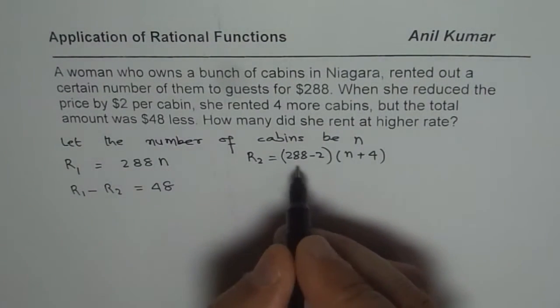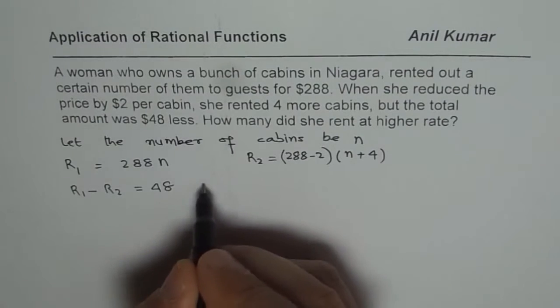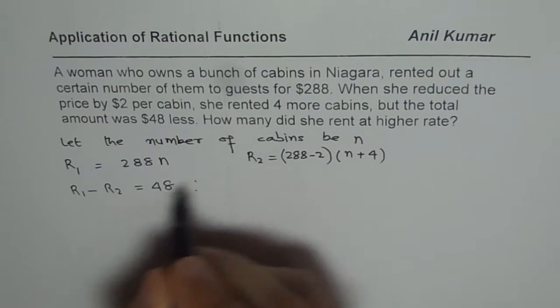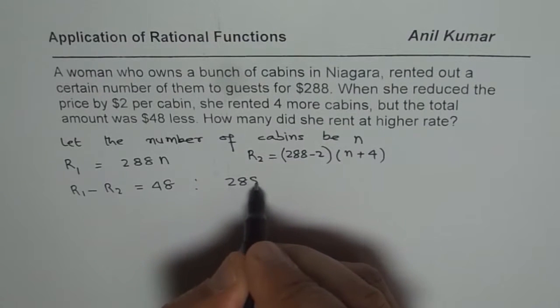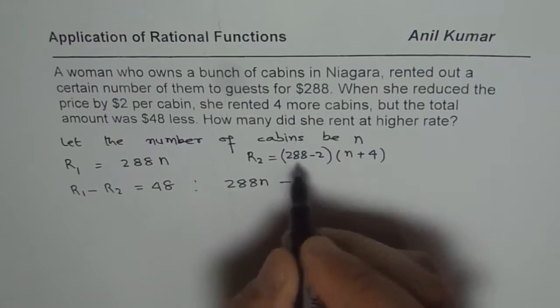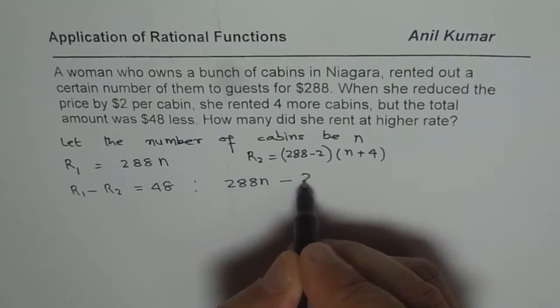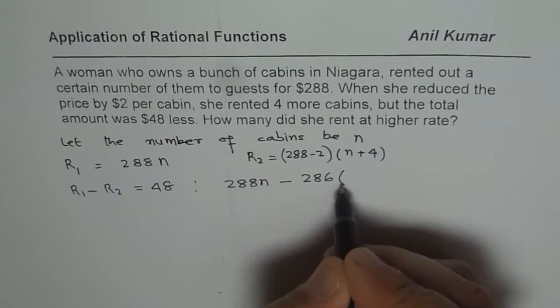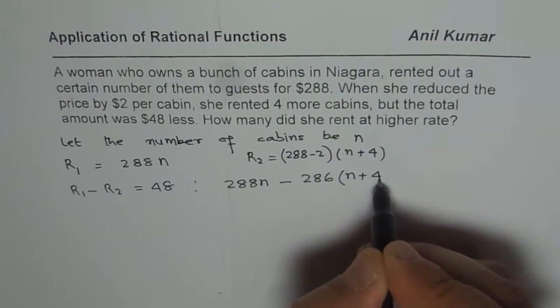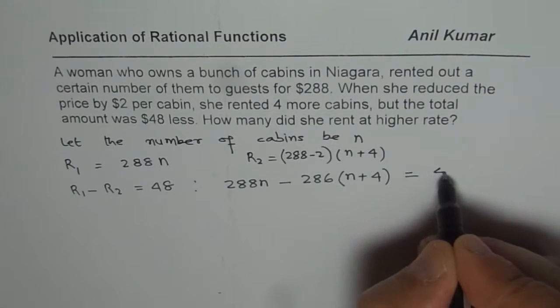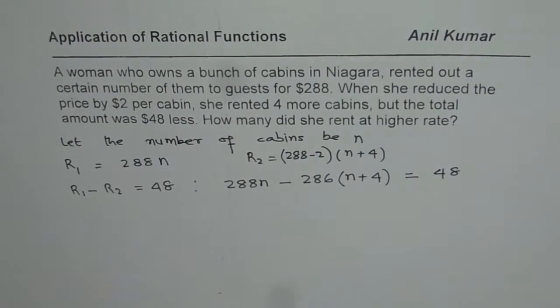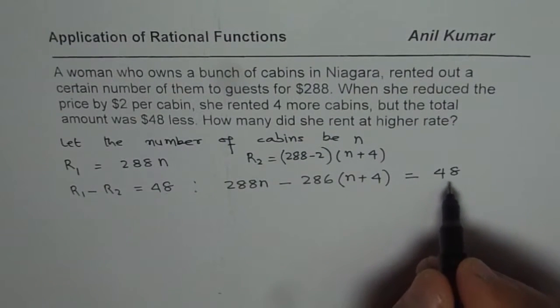So let's write down the equation now, which is for us R1 is 288n, so we write 288n minus, this is 286, right? So we'll write 286 times n plus 4 is equal to $48. So that is how you get your equation. Now you can open these brackets and solve your equation.